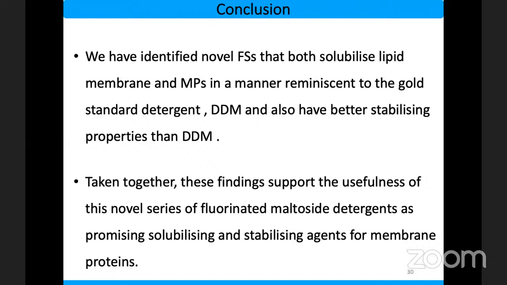Because of the fluorine, would you consider using it for phasing in terms of determining the structures of proteins? Have you explored that? To solve the phase problem for protein structure determination, because you use fluorine.